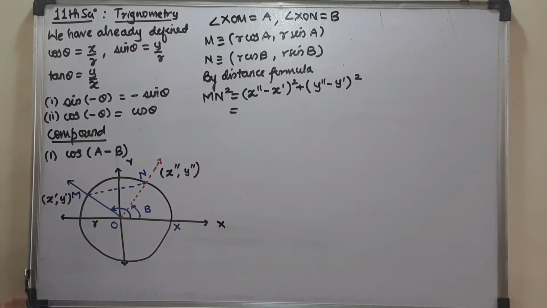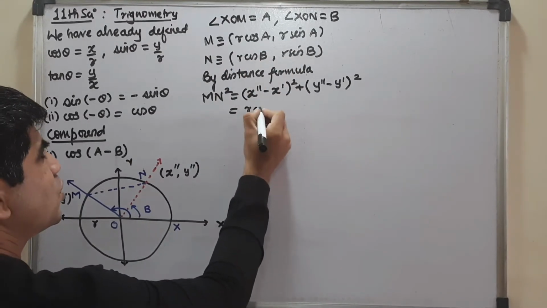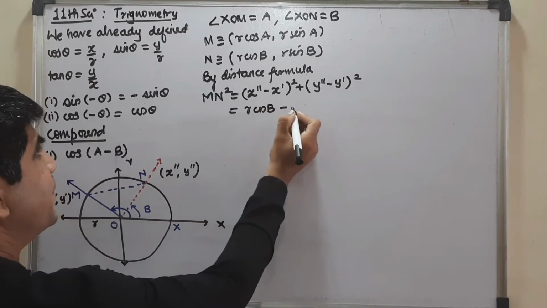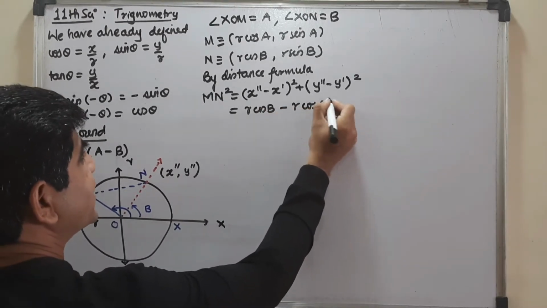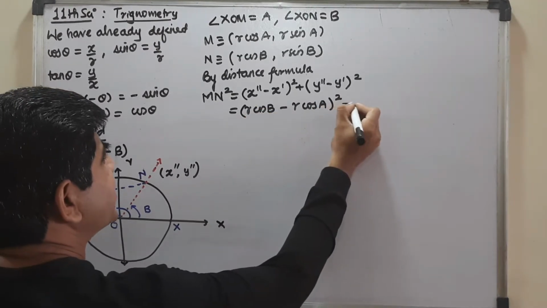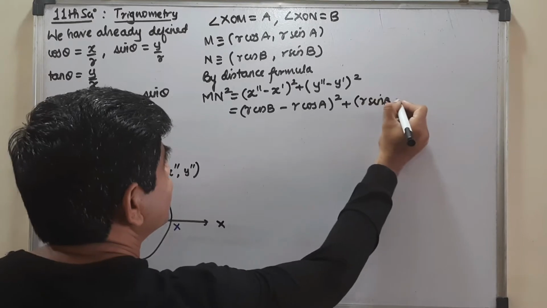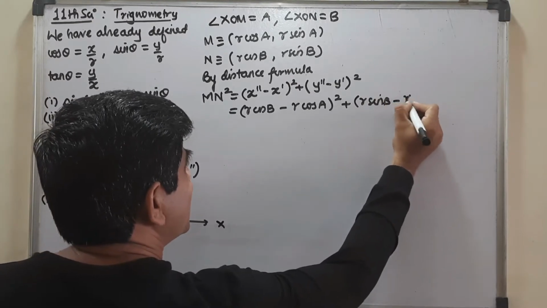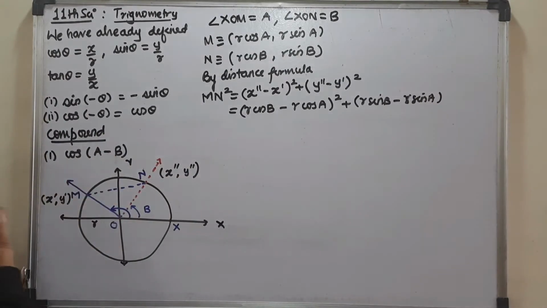Okay, so you get here R cos B minus R cos A the whole square plus R sin B minus R sin A. It does not matter if you take NM also.